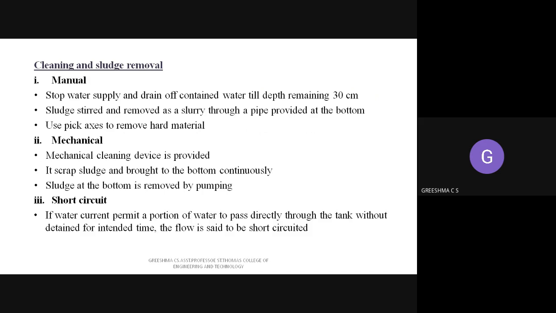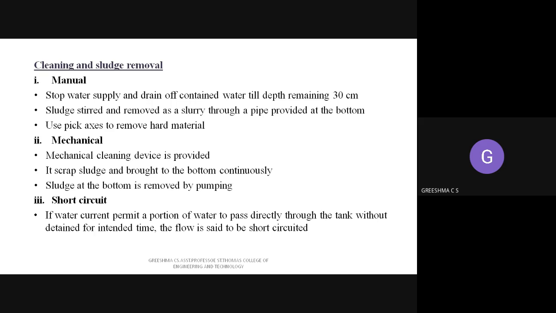One more point in the slide is short circuit. Short circuit means if the water current permits a portion of water to pass directly through the tank without being detained for the intended time, the flow is called short circuited.